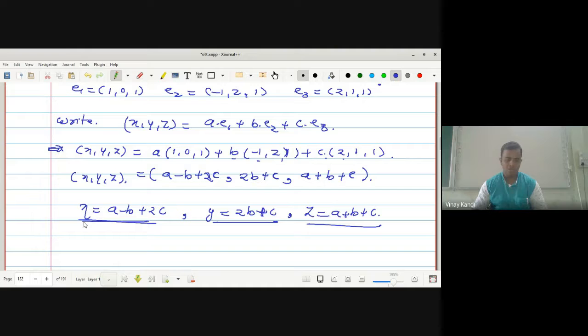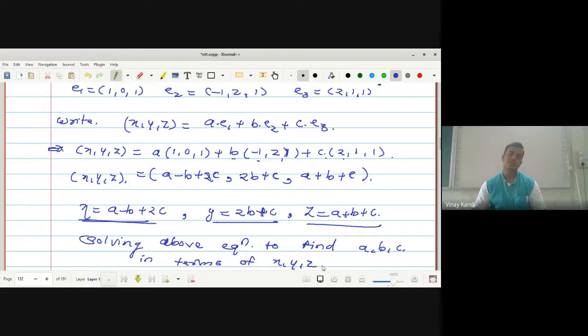If you solve these three equations for a, b, c, solving the above equations to find a, b, c in terms of x, y, and z.